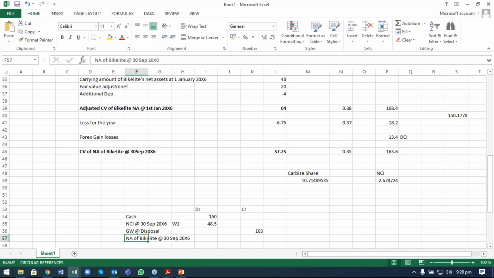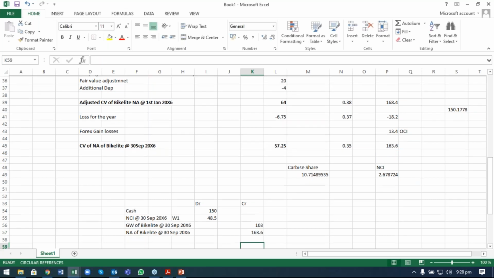I need to mention the same thing over here, goodwill. I'm mentioning the date along with this to make sure the examiner would understand what I'm doing right now. So the next thing, Backlight, would be at 30th September, net assets of Backlight carrying amount in millions at 30th September. Yeah, this is the value, 163.6 million.